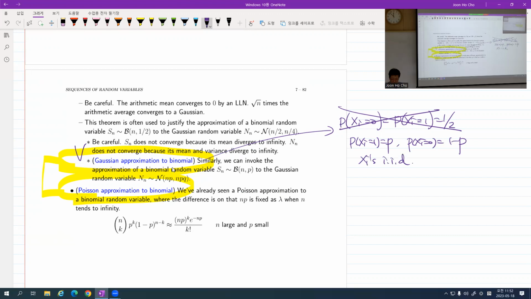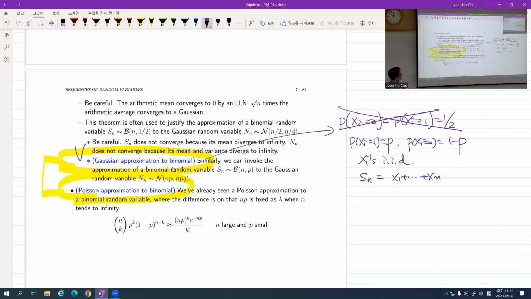And you want to add up those xi's. Sum is just x1 plus through xn.